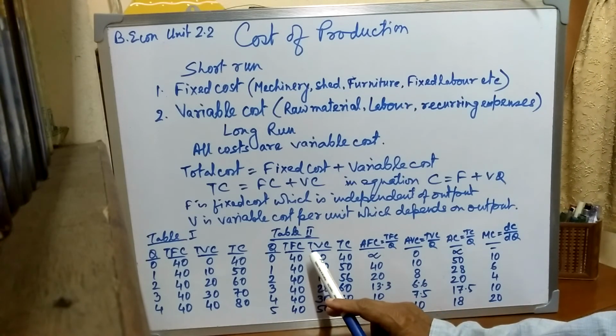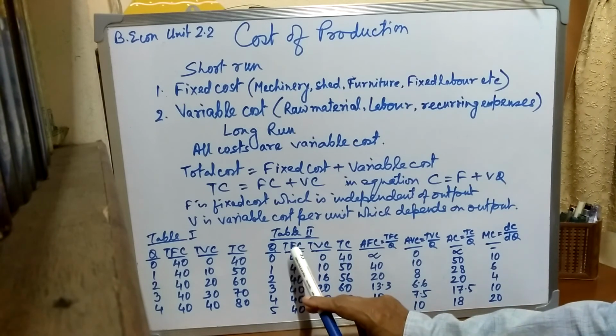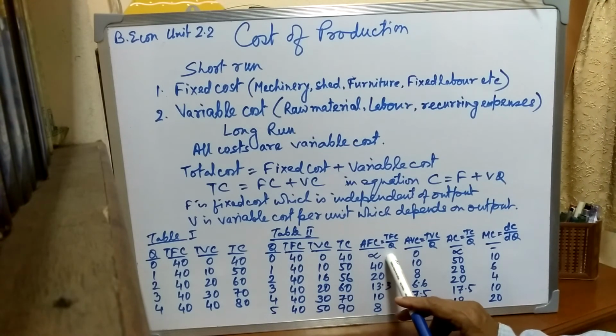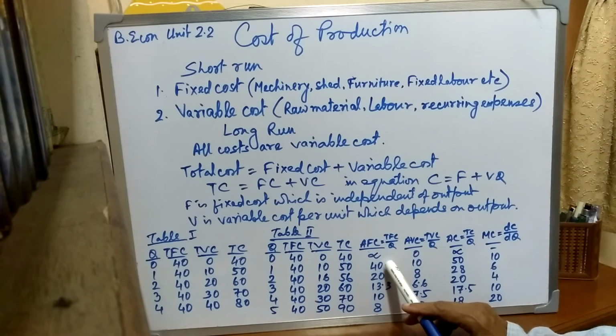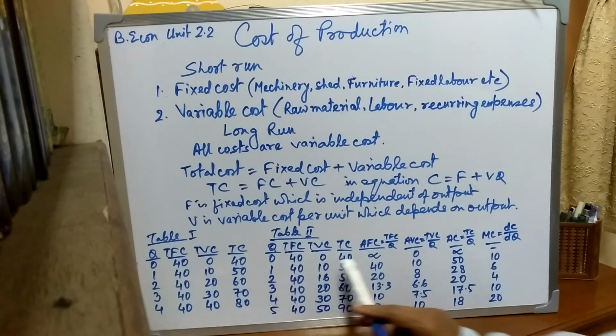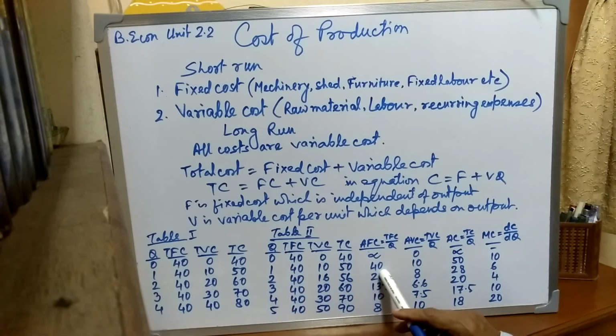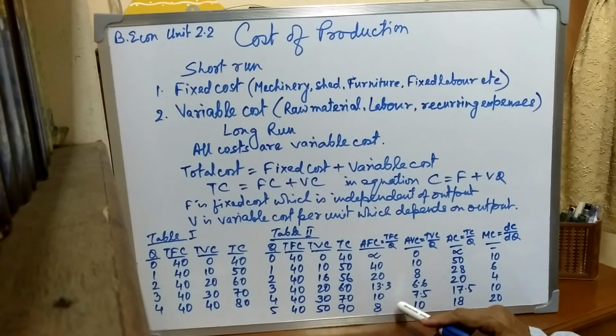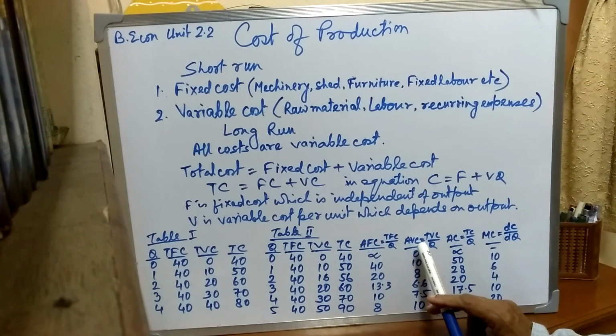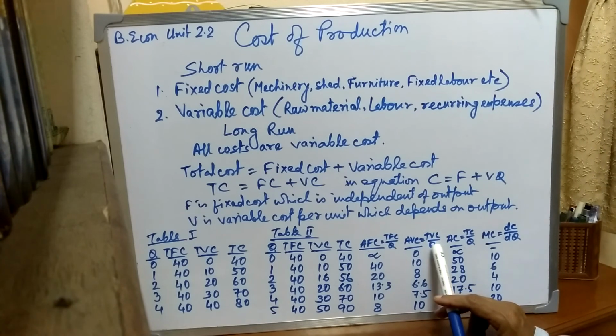If we divide total fixed cost by output, then we will get average fixed cost, which is 40, 40 divided by 1, 40 divided by 2, and so on. Likewise, average variable cost can be obtained by dividing total variable cost by output.